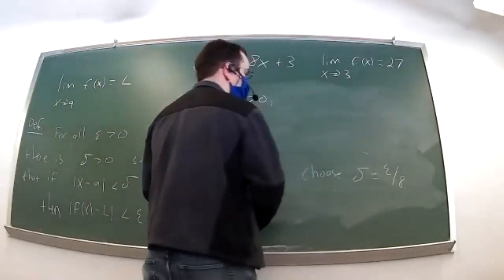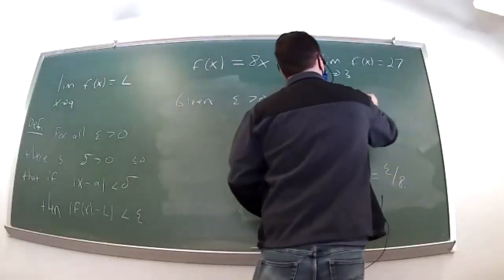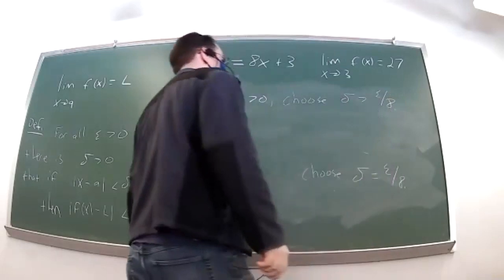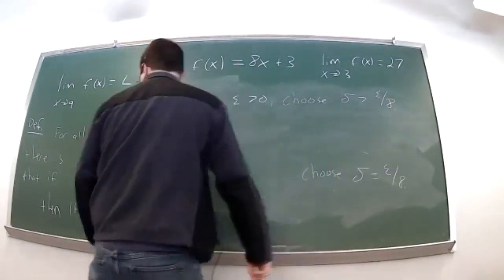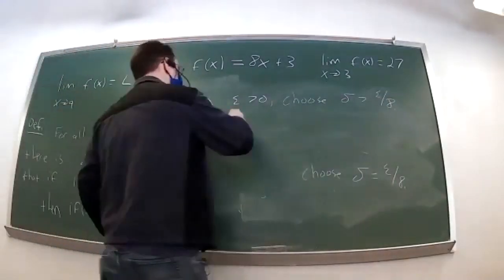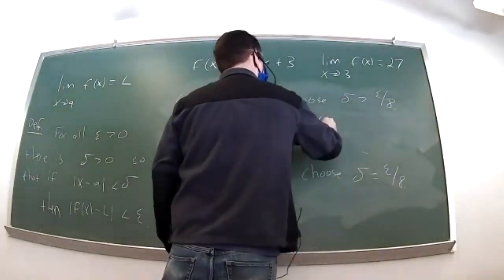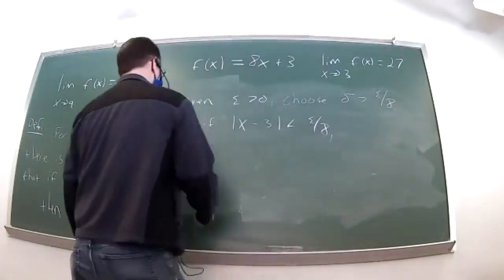Given epsilon bigger than 0, choose delta equal to epsilon over 8. And then you can just say, well, suppose that the distance from x to a is less than delta. Then you just go through your argument in reverse, just like before.